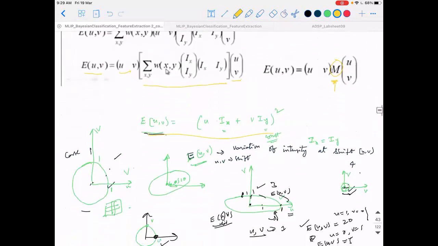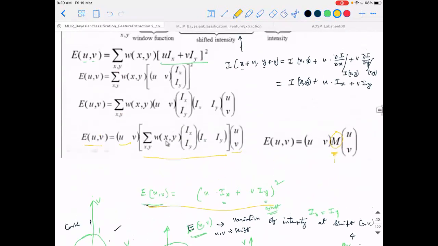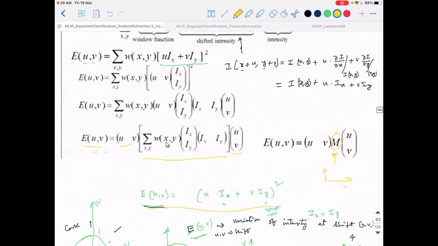Say if it is a uniform region, across u and v, if you move, what may happen? In any direction you move in a uniform region, what may happen to the variation?